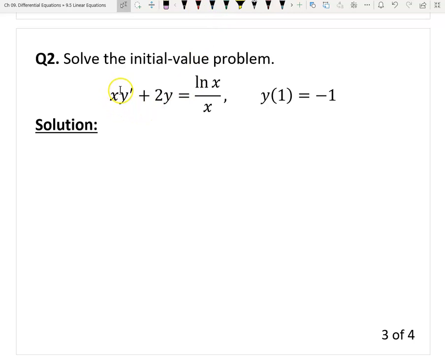Can you see here, the coefficient of the derivative is not 1. Therefore, this is not a standard equation. We have to change this into a standard equation. This is the first step. Make sure you don't miss this. Then we get a standard equation.